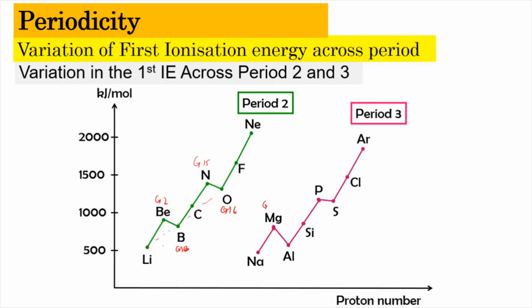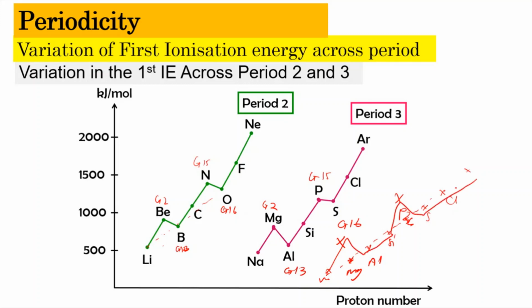We are supposed to predict sodium, magnesium, aluminium, silicon, phosphorus, sulfur, chlorine, and argon. But because of the anomaly, magnesium appears to be higher, and phosphorus appears to be higher, so it becomes something like this.